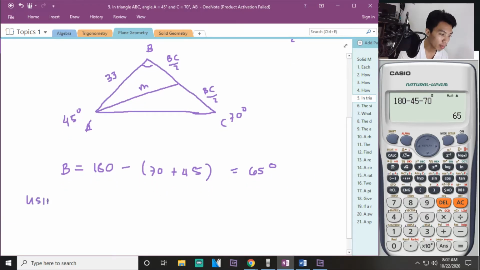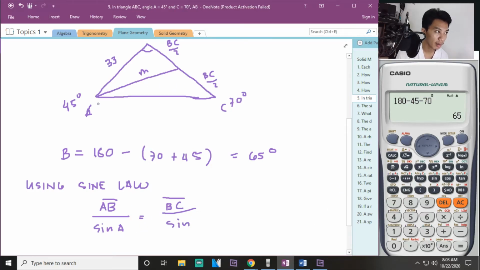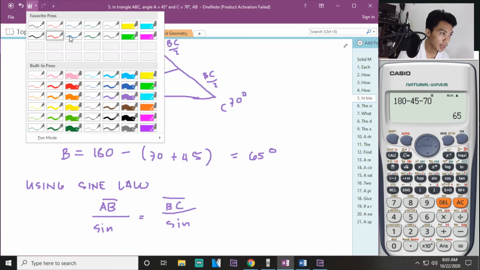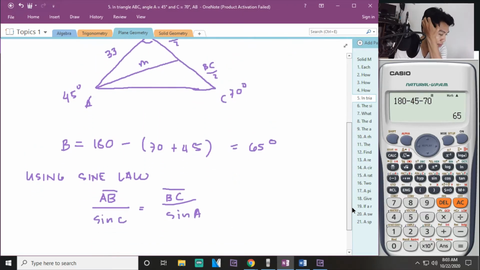Using sine law, side AB over sine C will be equal to side BC over sine A. Ano yung katapat ng BC mo? A. Yan. So, we can now solve for BC.